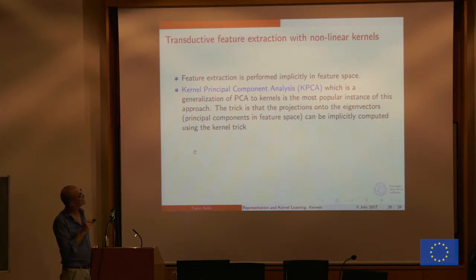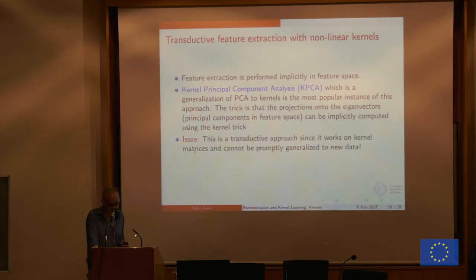But you can use the same method in feature space, by computing the so-called principal components and the projection on these principal components in feature space. Also in this case, the kernel trick is used.